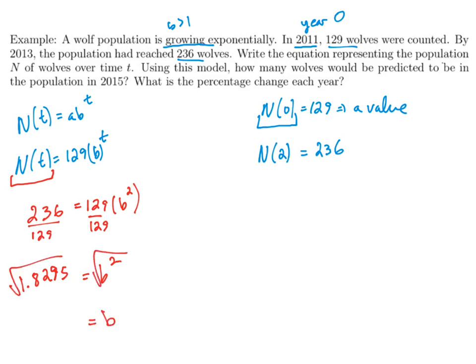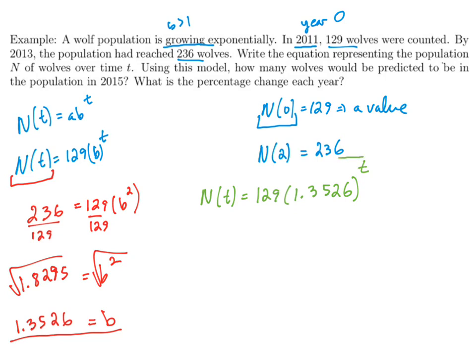When we square root both sides, we can get a positive or negative, but b always has to be positive. So when we square root, we get about 1.3526 as the b value. So writing everything together, our function n of t is going to be equal to 129 times 1.3526 to the t.